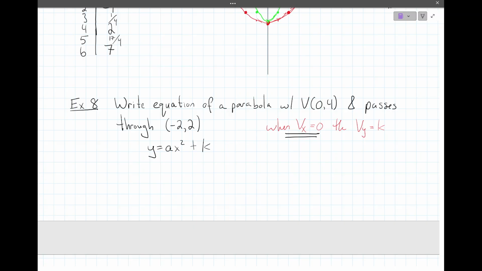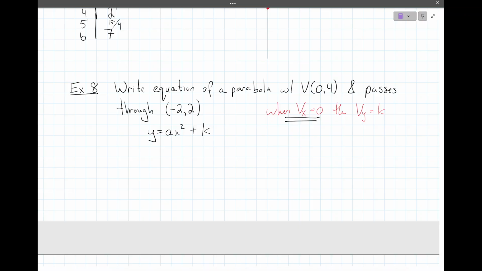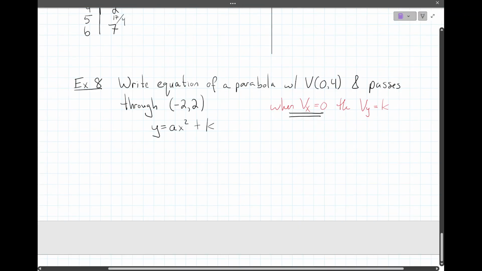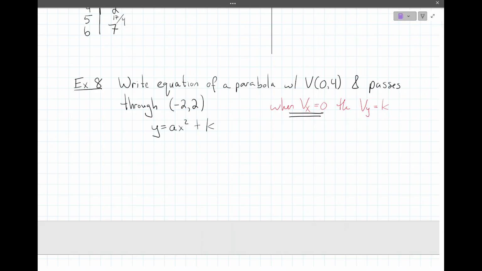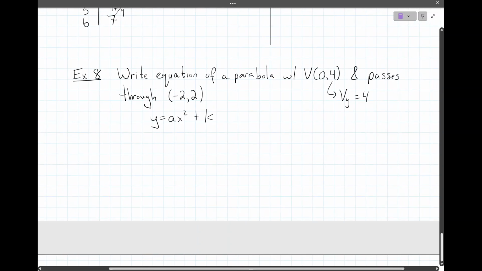Actually, no, this is true, right? Anytime we're on the vertex, this is your k value. I'm more thinking about the y-intercept, to be honest. The y-intercept is the one we need to be worried about, but we don't need to talk about that right now.